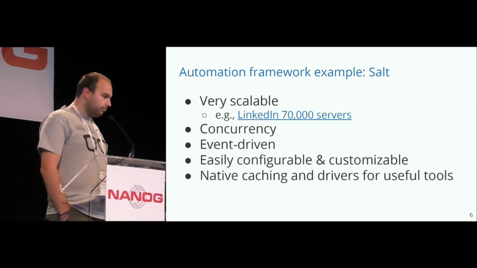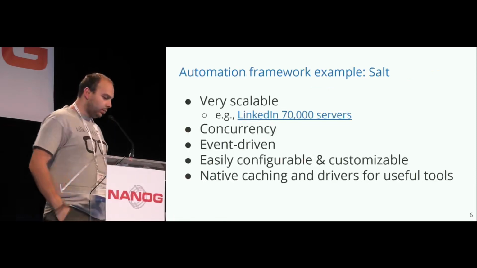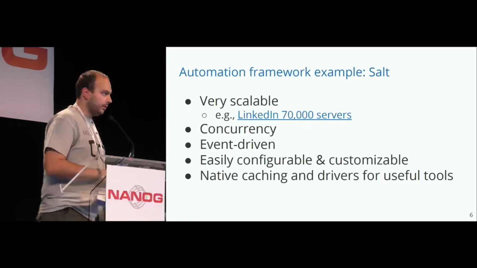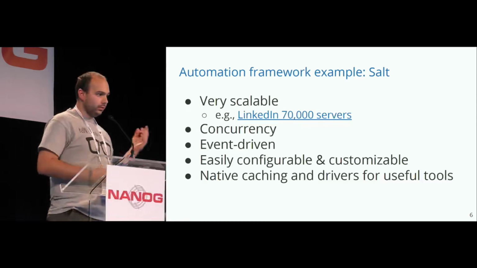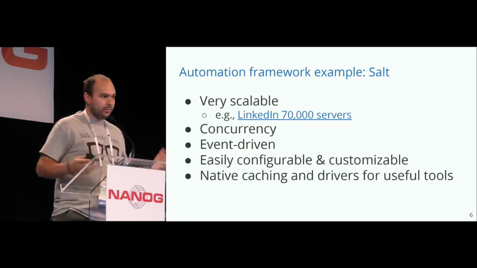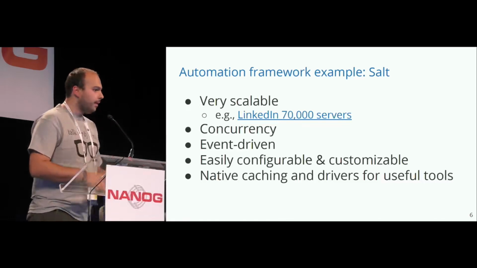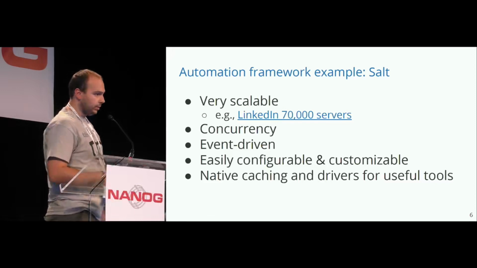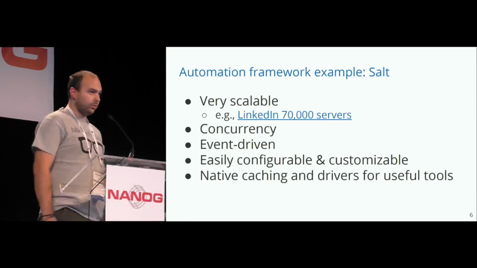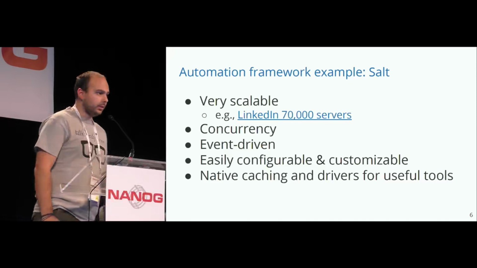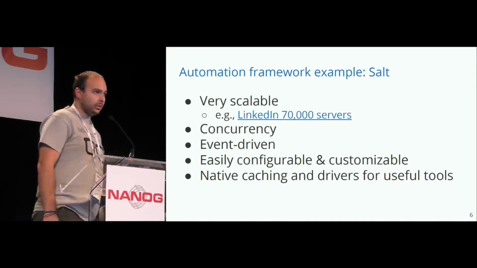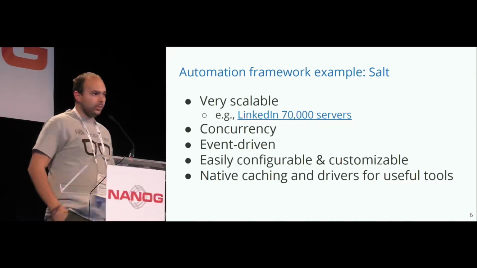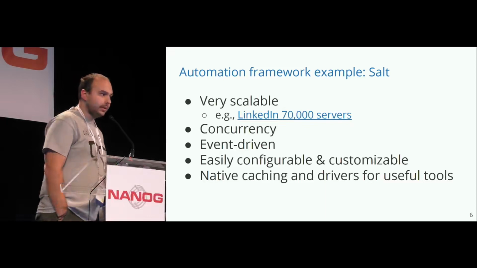These methodologies to automate network devices like servers can be implemented with various tools. For example, Salt, because that's what I'm using, but it's not the only one. Salt is very scalable, and there are very well-known stories like LinkedIn, which automates 70,000 servers. So if we apply the same methodologies, we'll be able to automate networks with 70,000 network devices, right?